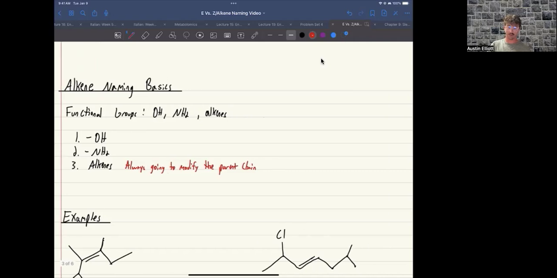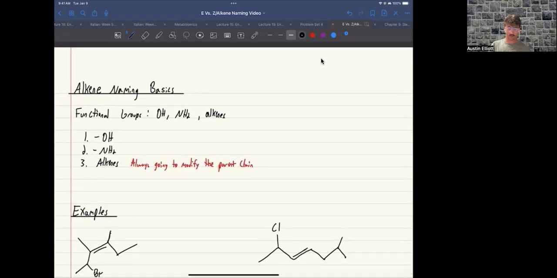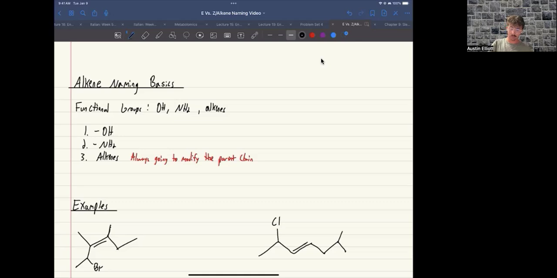But let's say we have something like this. Very simple. So we just have a four carbon chain. This is going to be but-, and we'll just number really quickly. Butene.